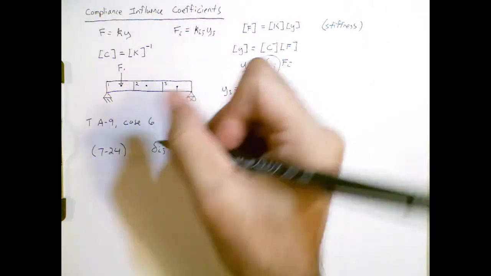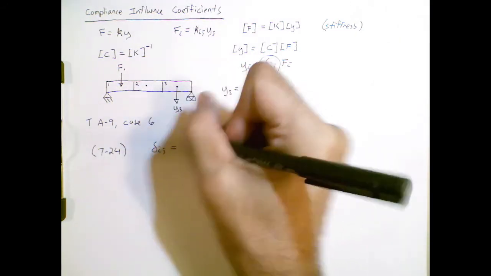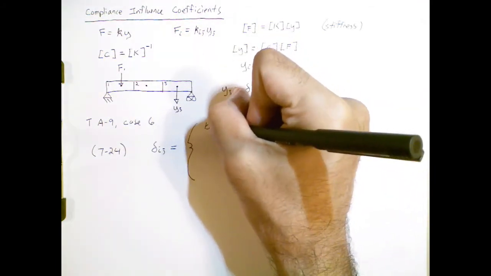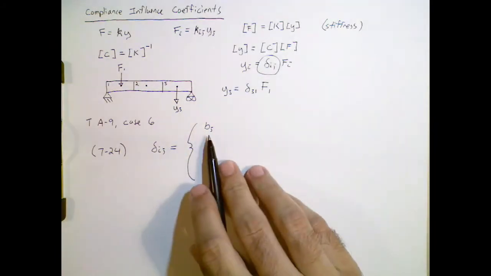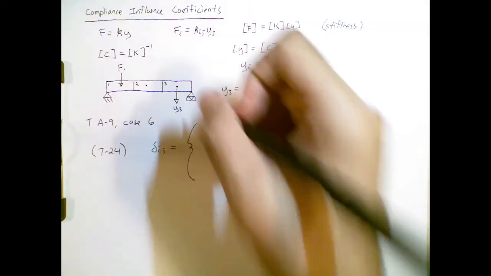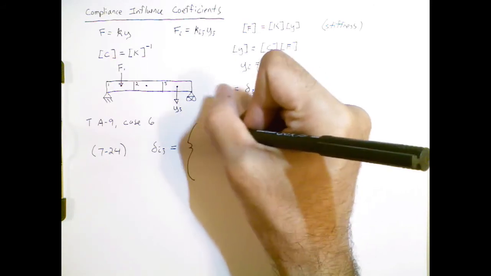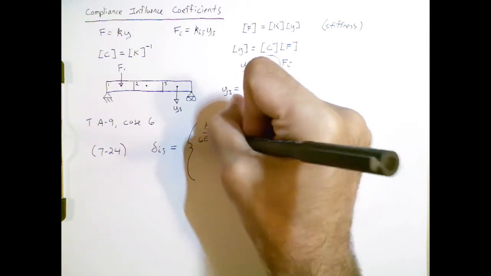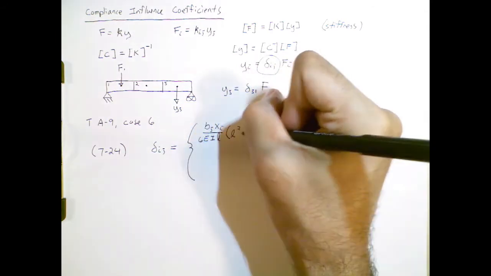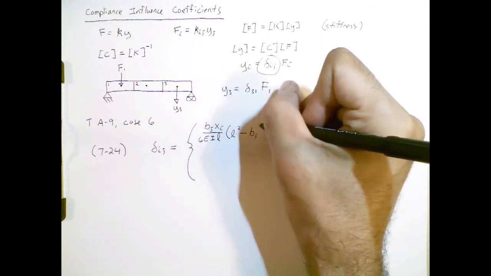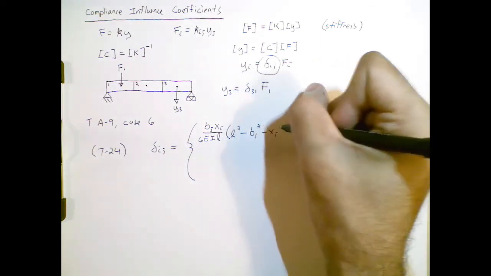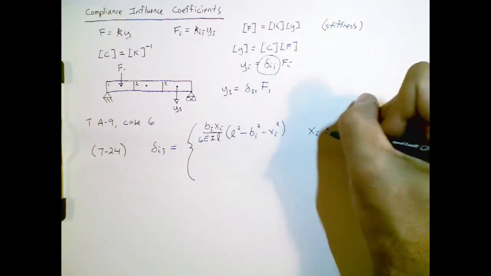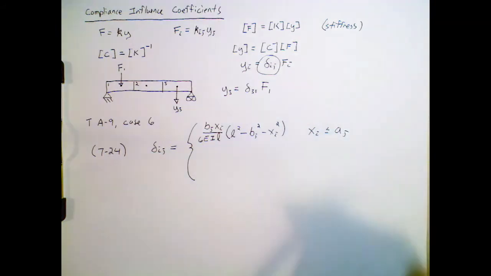So delta ij is going to be equal to bj, so remember that's the distance from the load to the right-hand bearing, times xi over 6 EIL times L squared minus bj squared minus xi squared, if xi is less than aj.